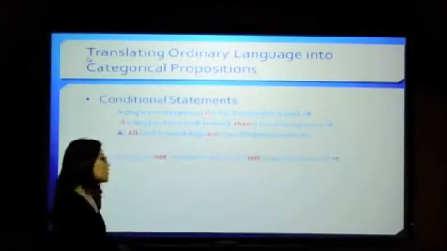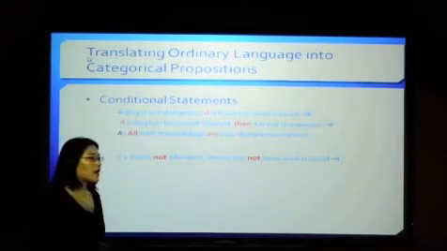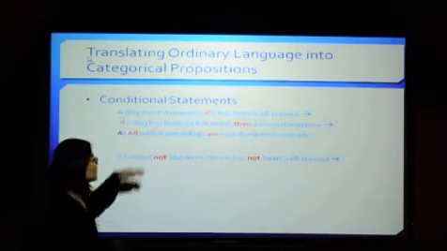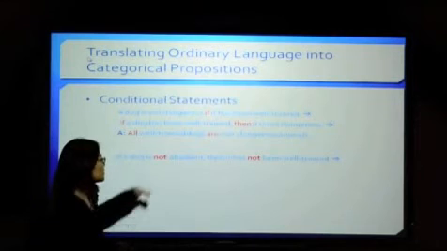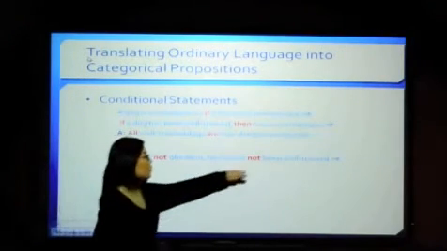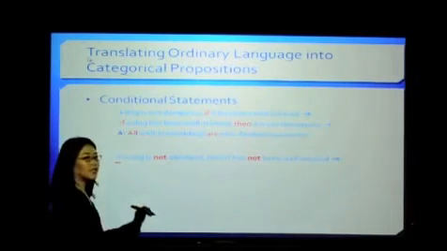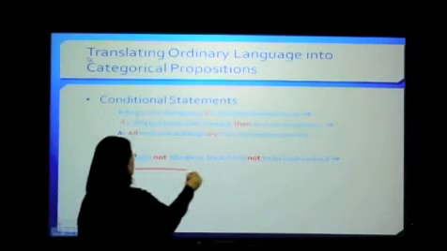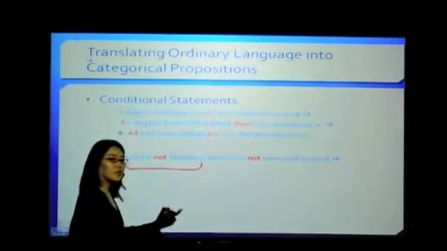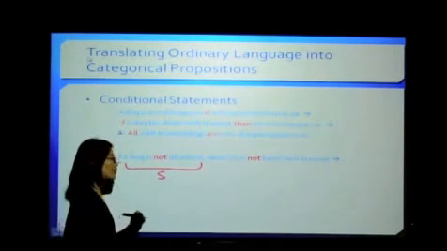Here is another example of a conditional statement. If a dog is not obedient, then it has not been well trained. Notice how this one is slightly different than the first one, because here you have two negations, one in the antecedent and one in the consequent. Again, in the conditional statement what comes after the word if is the antecedent, and the antecedent will always be the subject term of the standard form categorical statement.